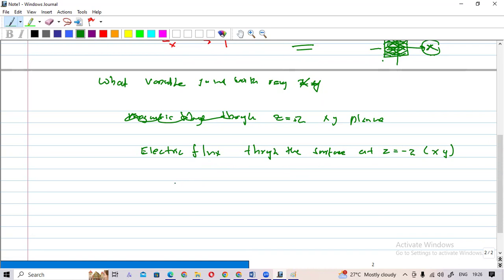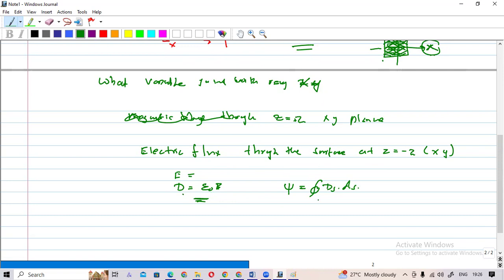You know the electric field E that is given, and you know D equals epsilon E, which is the flux density. If you need to find the electric flux, you can use Gauss's law, the integral of D dot dS.